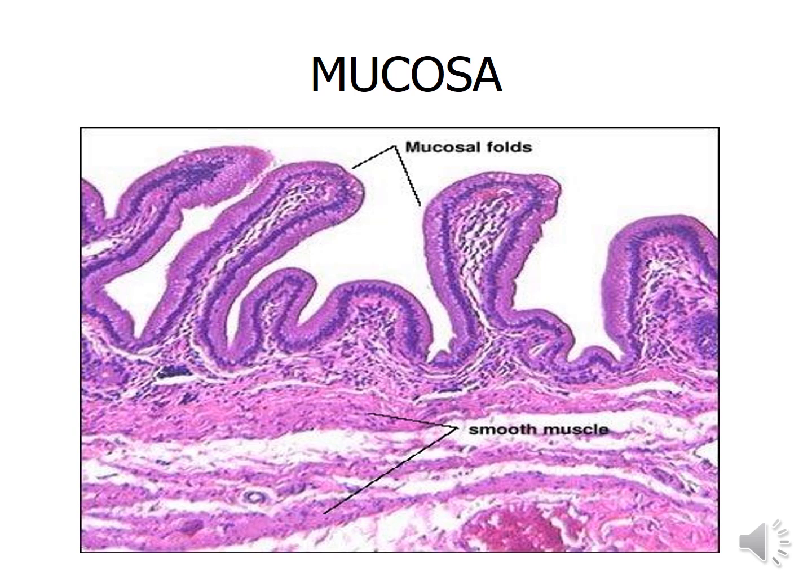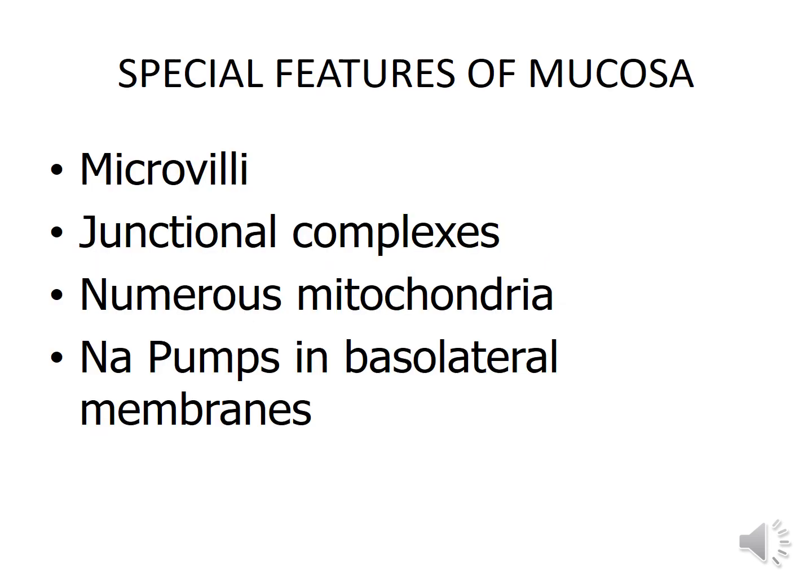Now, what are the features of absorptive cells? The special features of the epithelium of the mucosa are that the cells have microvilli on the apical surface in order to increase the surface area for reabsorption, and there are junctional complexes which bind the apical parts of adjacent cells with each other tightly to create an impermeable barrier between the gallbladder lumen and the intercellular compartment.